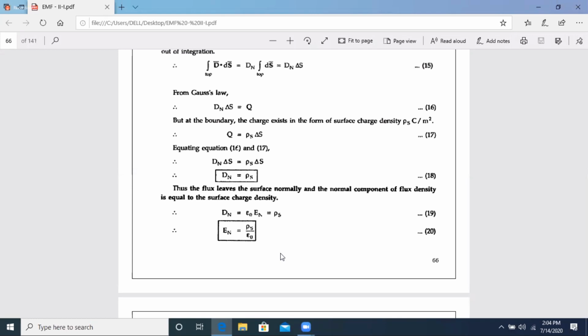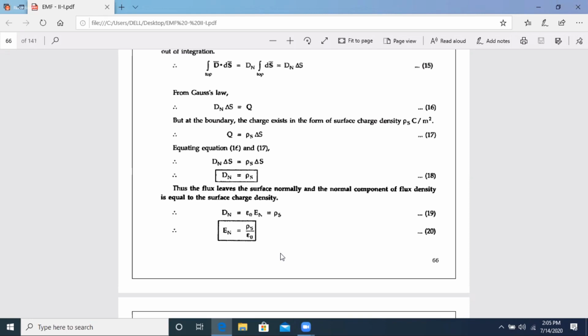Since the boundary lies on the XY plane, would the Z direction be the tangential? No, the boundary is in the XY plane, right?